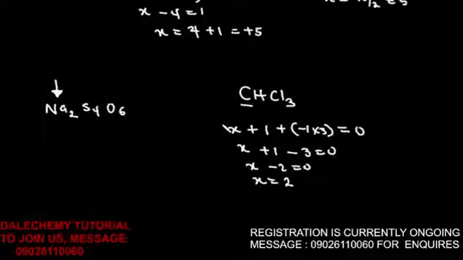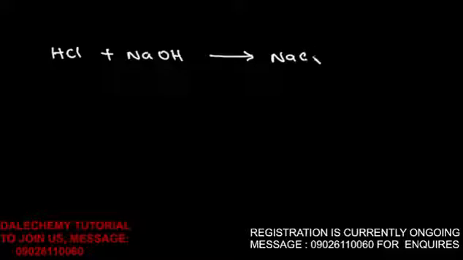Next is to know how to determine whether a reaction is a redox reaction. Basically, if you want to know whether a reaction is redox or not, all you have to do is check whether there is a change in oxidation state of any element in that reaction. For instance, let's consider the reaction HCl plus sodium hydroxide to give sodium chloride plus H2O.